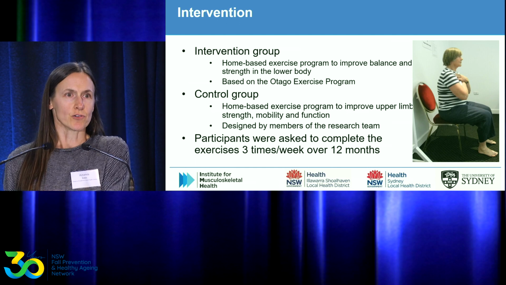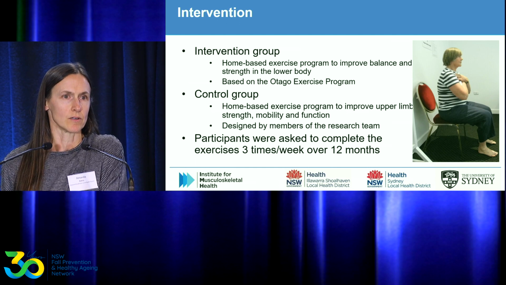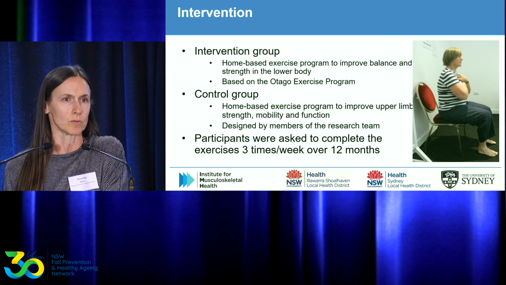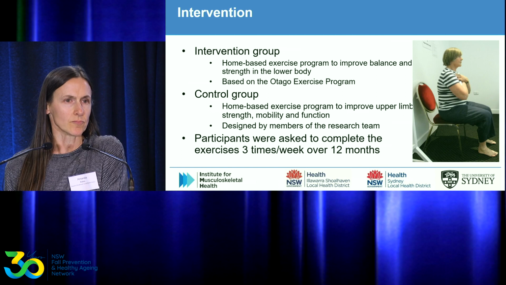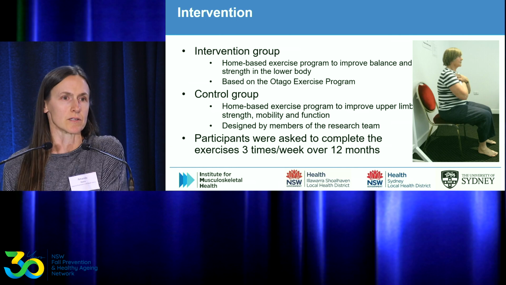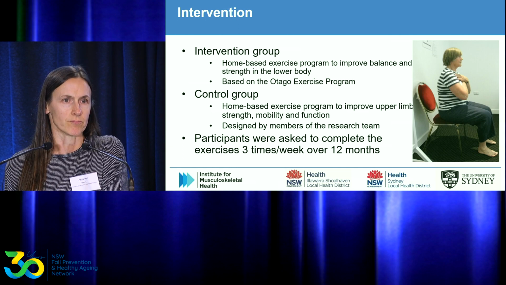So our intervention group received the home-based exercise program to improve balance and strength in the lower body, and this was based on the Otago exercise program. Our control group also had an exercise program, but that was focused on improving upper limb strength, mobility and function. And that was designed by members of our research team.